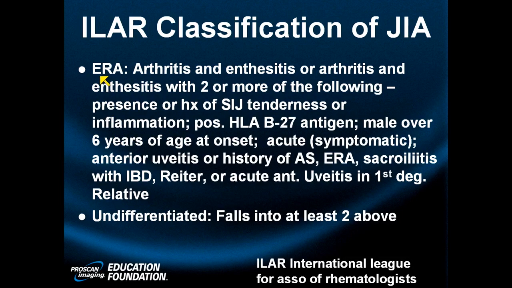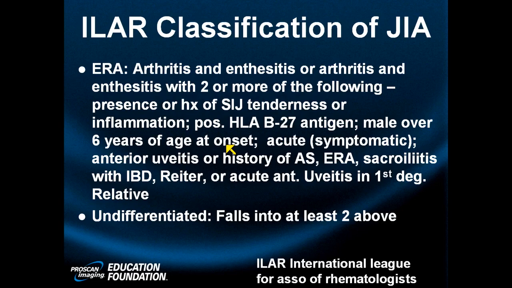Then we've got enthesis-related arthritis. Some of you know it as Reiter's syndrome, but that's just one of the subtypes. It likes to affect the attachments, and it has a strong propensity for the sacroiliac joints. They usually have a positive HLA-B27. They're usually males over the age of 6.